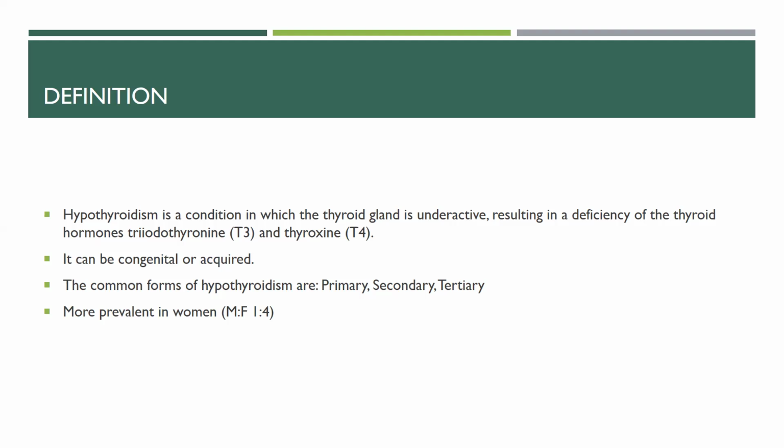I'll explain all of this later on, but they're generally easy to get. Hypothyroidism is more prevalent in women, with a male to female ratio of 1 to 4. So you can already see that it affects women four times more than men.